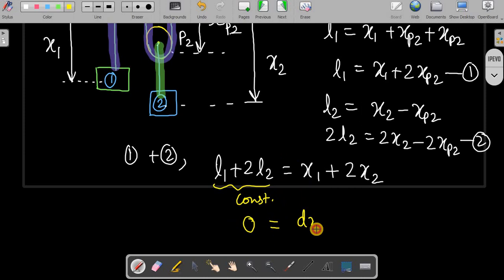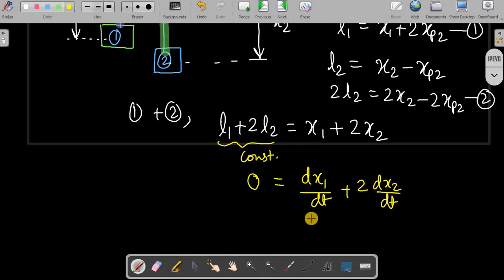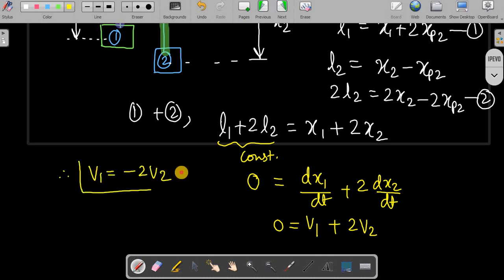Here, differentiation of x1 with t plus 2 times differentiation of x2 with t. Now this x1 differentiation is nothing but the velocity of the first, and 2 times the velocity of the second, is equal to 0. So from here we can say v1 is equal to minus 2v2. Minus is just showing the direction.